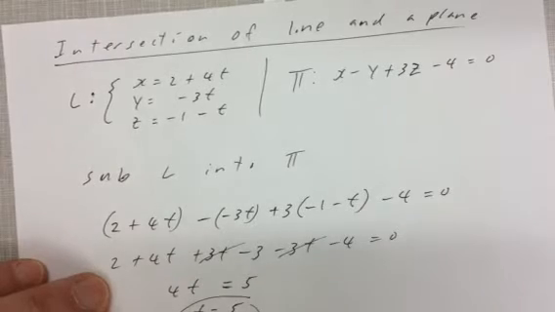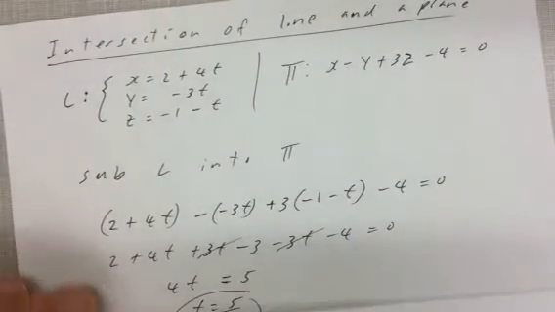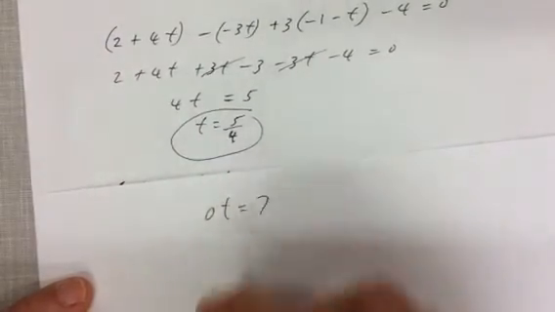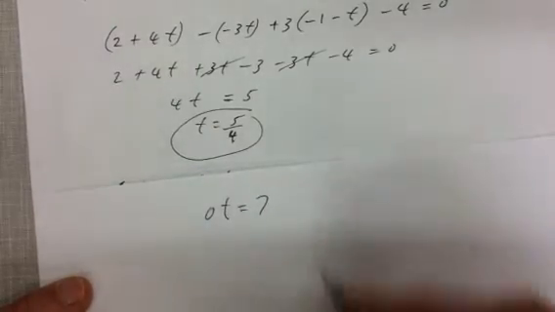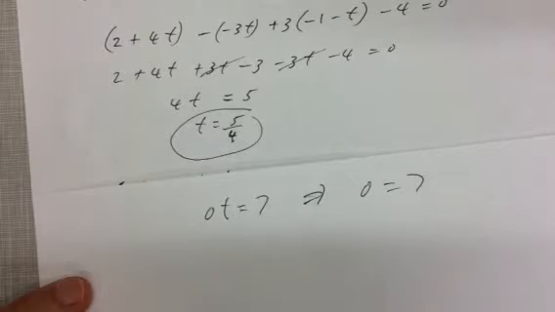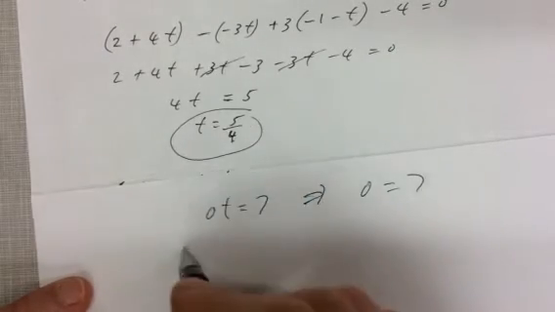The last situation was 0t equals 7. That's just not true, because that implies that 0 equals 7. So our intersection point doesn't exist. The line is parallel to the plane.